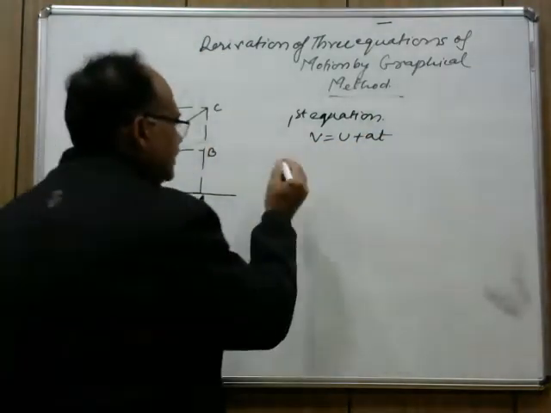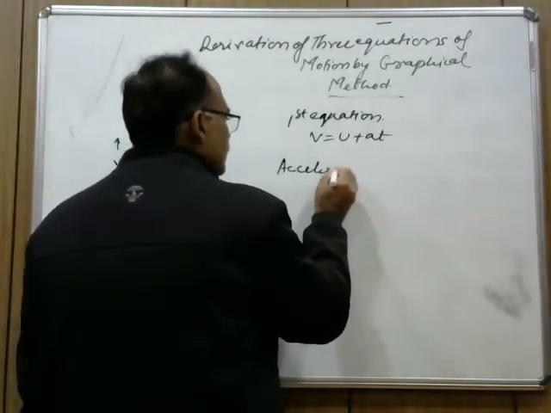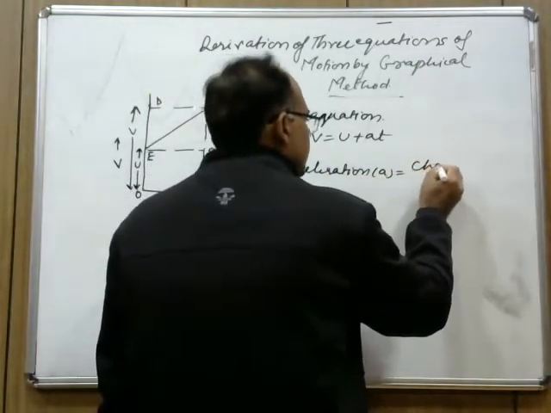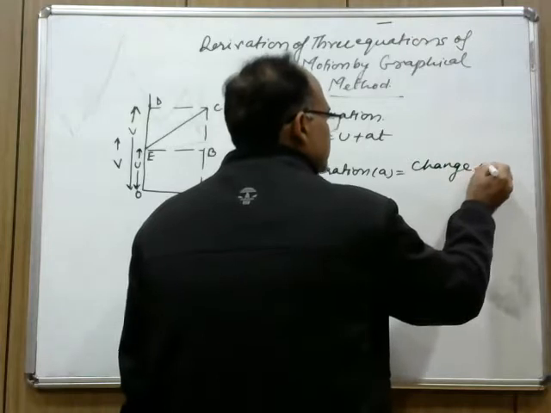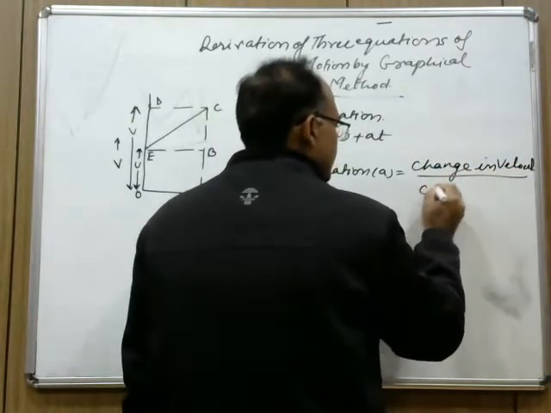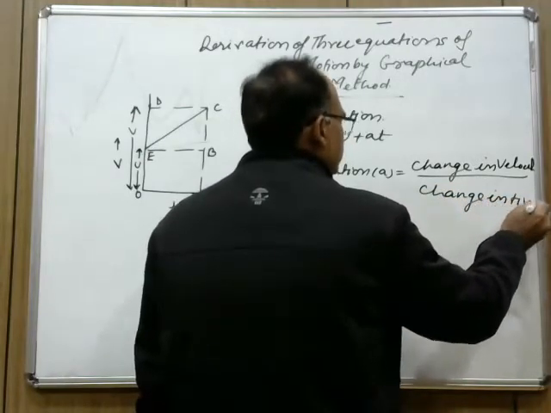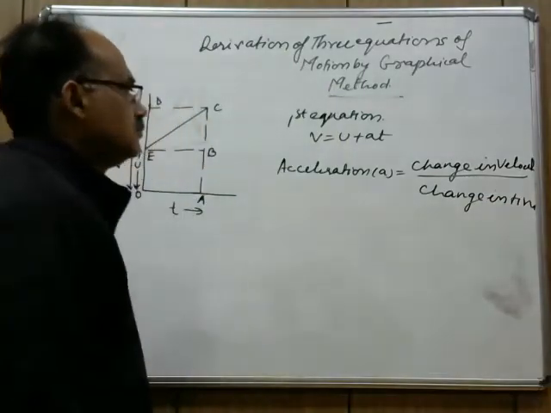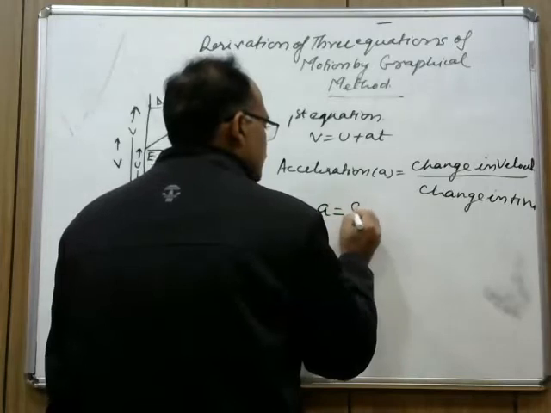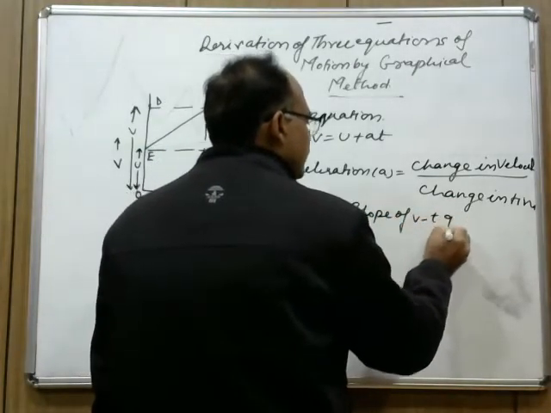Now by graphical method we can say that acceleration a is equal to change in velocity upon change in time, which is equal to the slope of the VT graph.